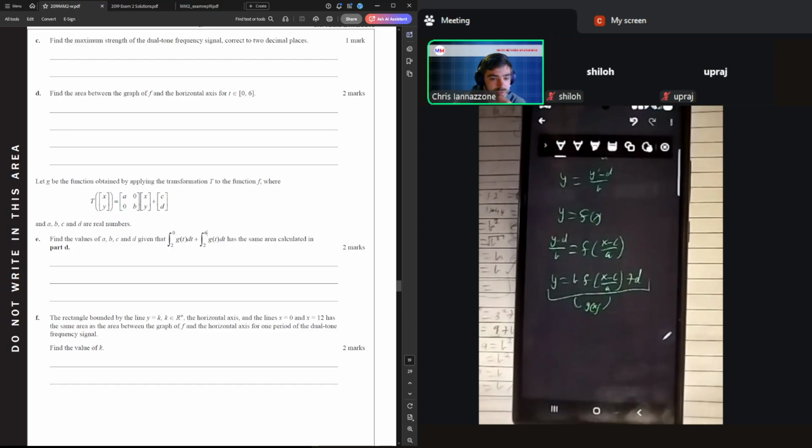The other thing you might want to start considering is that you've got 4 unknowns, and so you're probably going to need 4 equations to solve those.